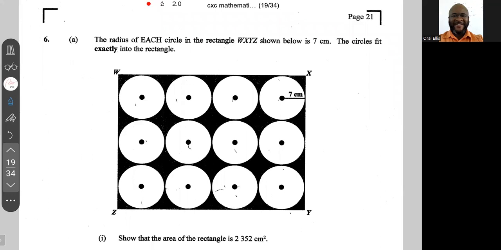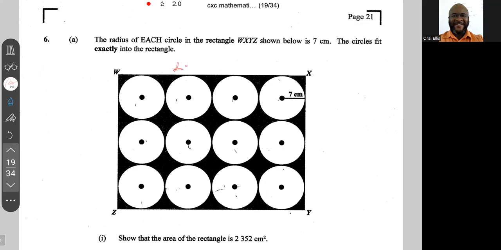We're to show that the area of the rectangle is 2,352 centimeters squared. That's not so difficult. To get the area of a rectangle, I need the length.